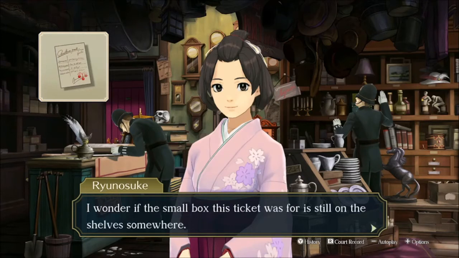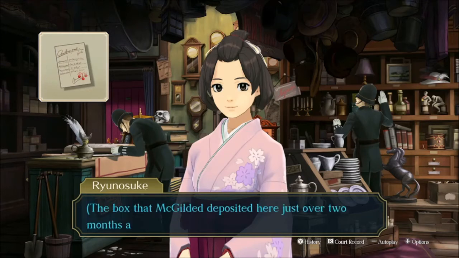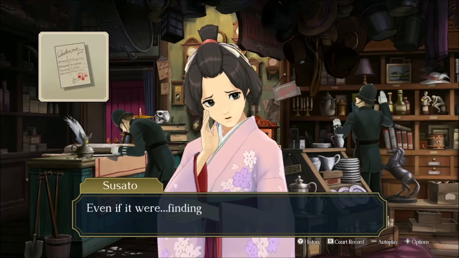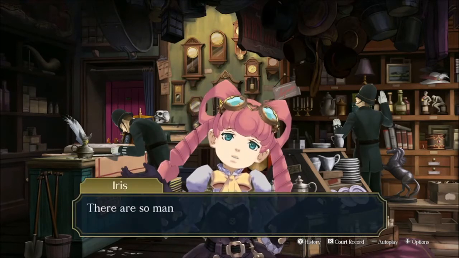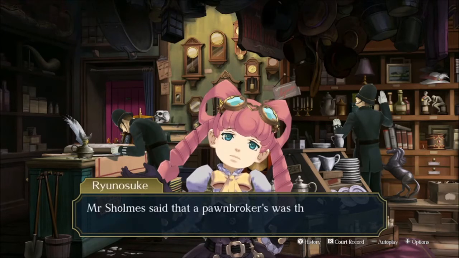So the small box could be on the shelves. I don't know. It seems like you guys could do it. Just check every single one of them.